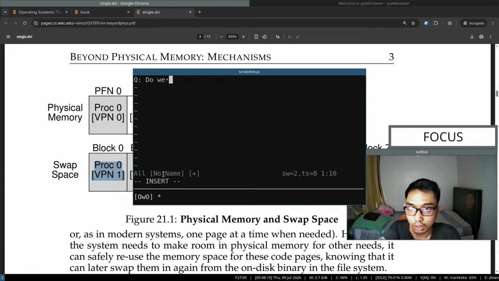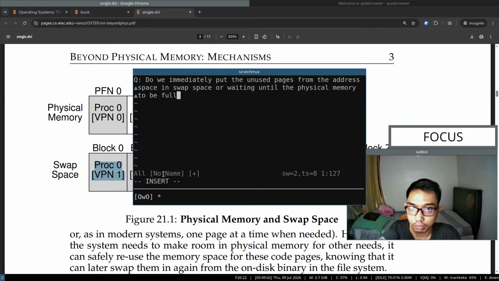Do we immediately put the unused page from the address space in swap space, or wait until the physical memory is full to use swap space?